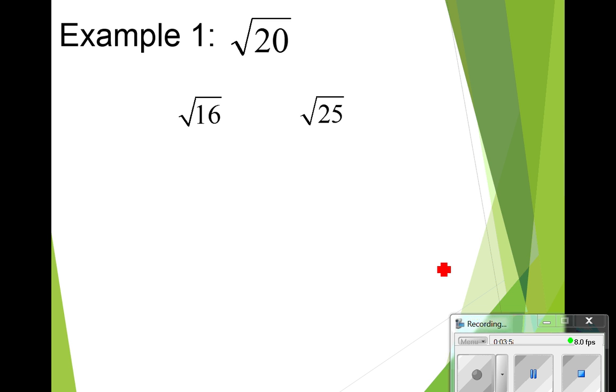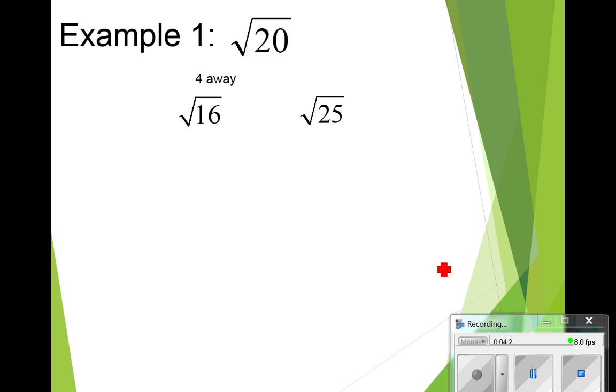And then I'm going to figure out which one it is closer to. Is it closer to square root of 16, or is it closer to square root of 25? So I want to know, how far is it from the square root of 16? How far is the square root of 20 from the square root of 16? Well, it is 4 away, because 20 minus 16 is 4.